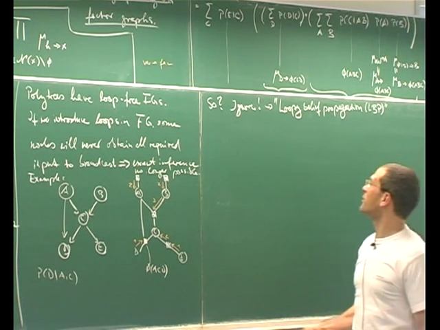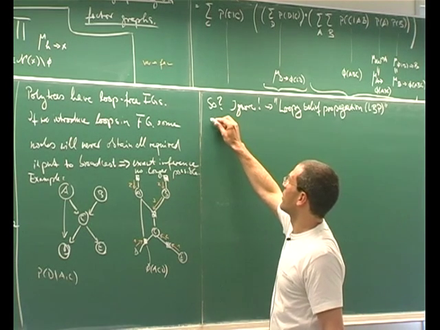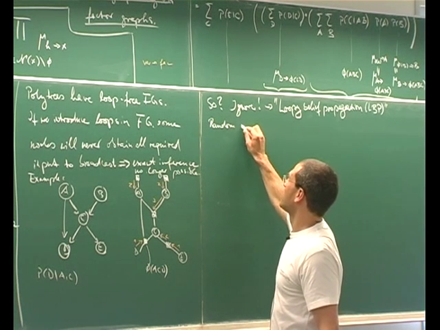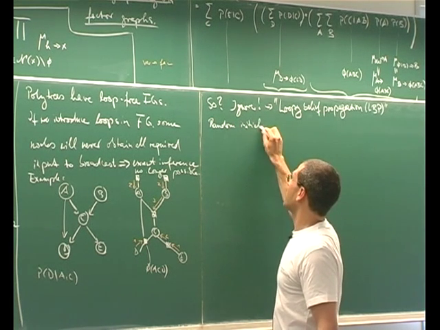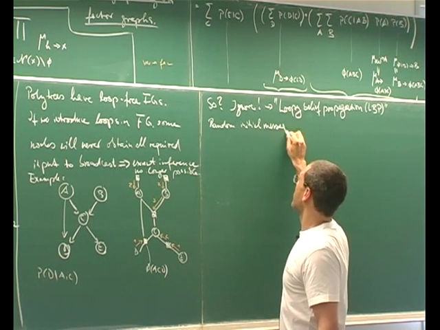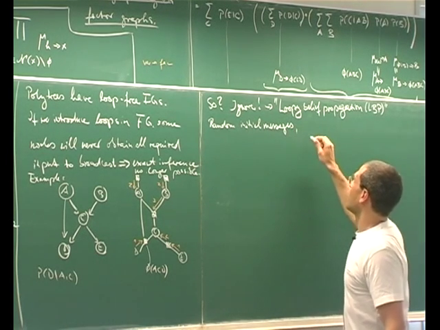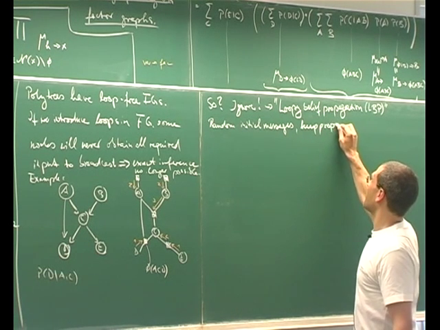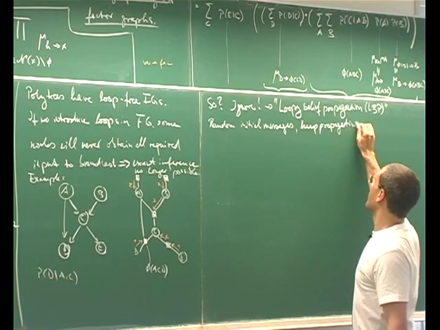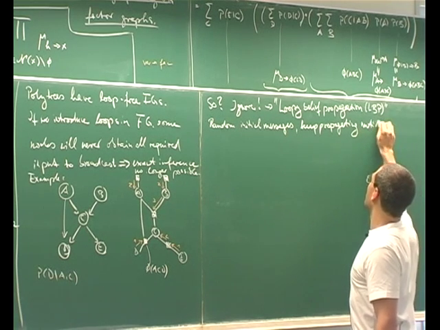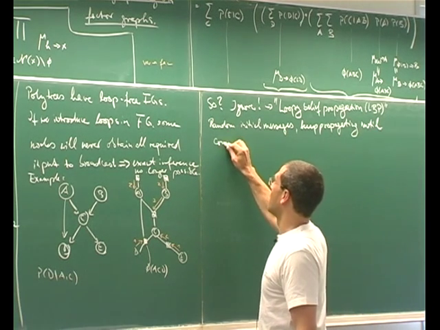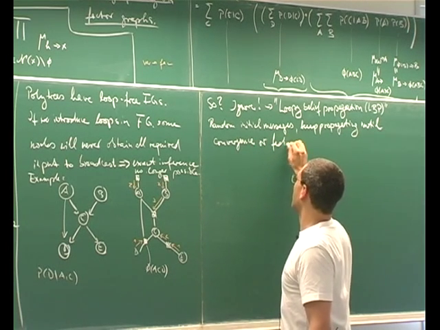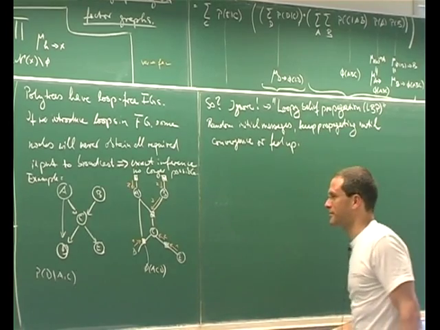So in loopy belief propagation, you can take random initial messages and then keep propagating them either until convergence or until you run out of time.